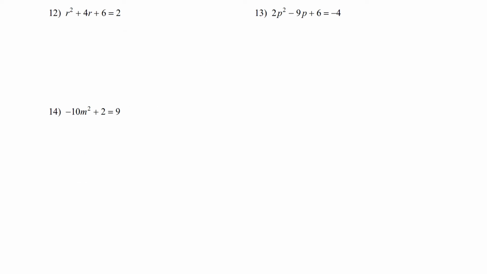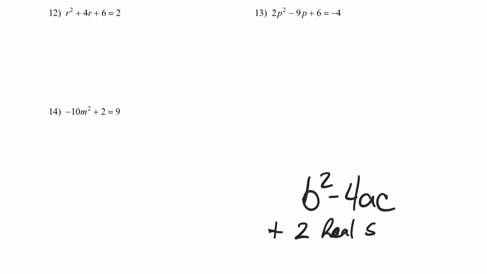On these questions, what we're looking for is the discriminant. The discriminant, excuse me, is b squared minus 4 times a times c. Remember this about the discriminant. If we end up with a positive number, that is 2 real solutions. If we end up with a number 0, that is 1 real solution.